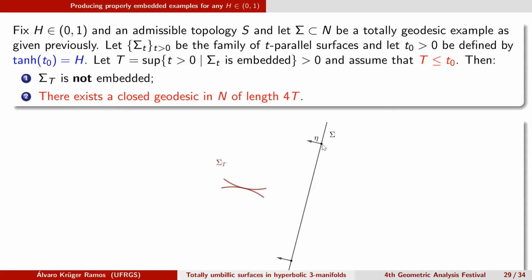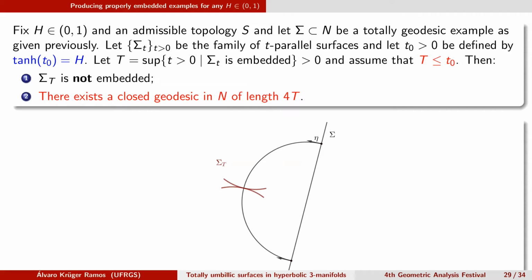But this was a normal exponential map, so this is a geodesic. There is a geodesic joining this point and this tangential point, and it is perpendicular to sigma, and also there is another geodesic arc here joining this other point to this point. So actually this arc is smooth because the intersection here is tangential, and this is perpendicular to sigma, this is perpendicular to sigma.